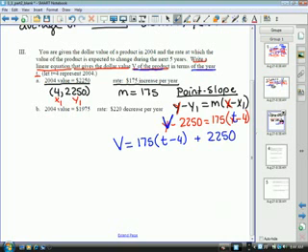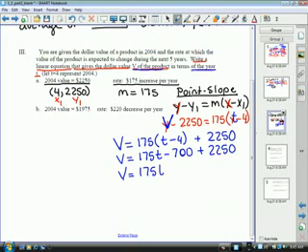However, if you wanted it to look nicer, you would distribute and add your like terms. Well, it's not that hard. So I think that would be, what, 700? That's right.